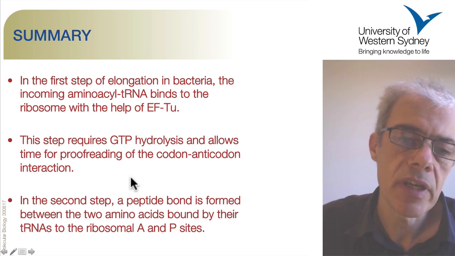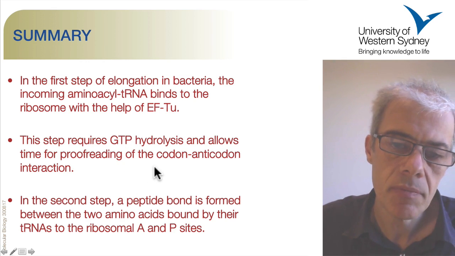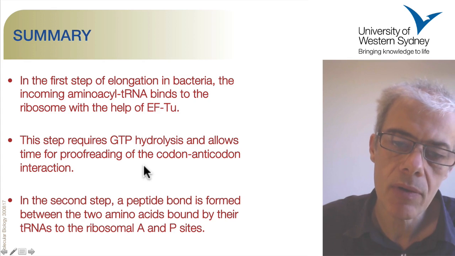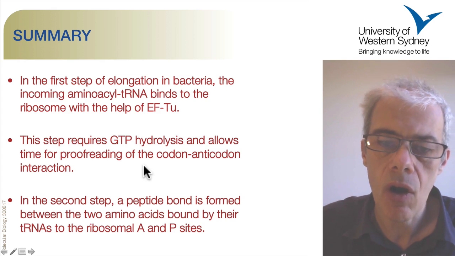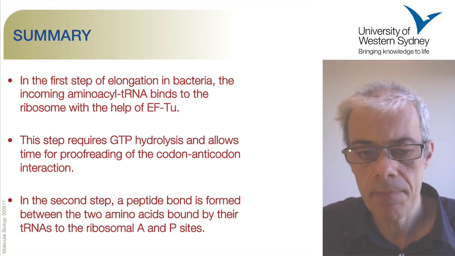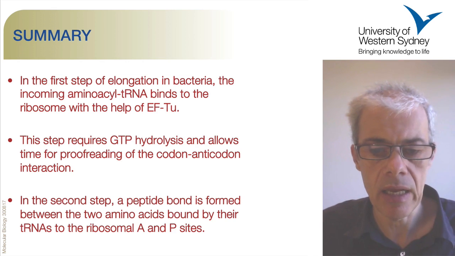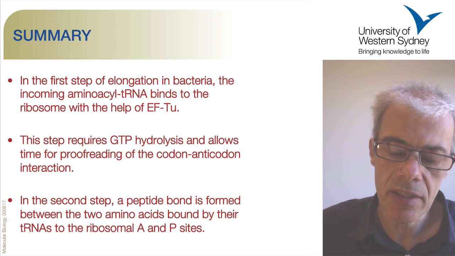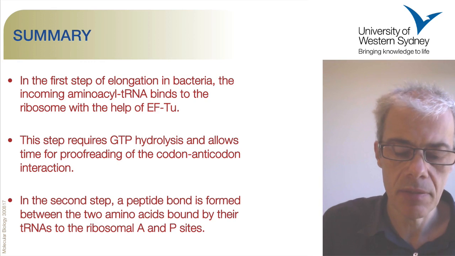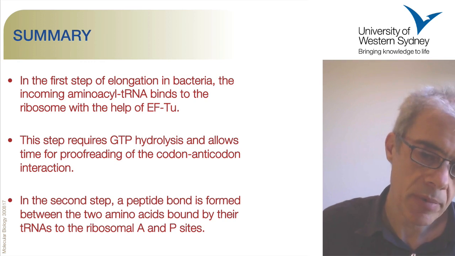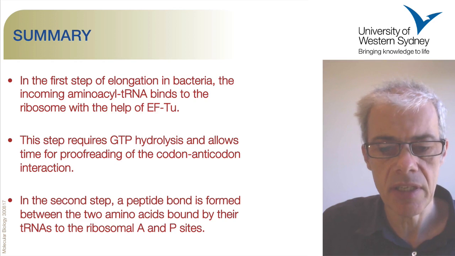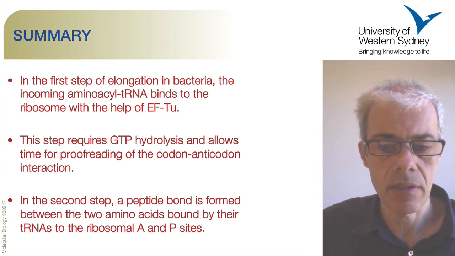This step involves the GTP hydrolysis, which pauses and allows the proofreading of the transfer RNA, and then we have peptide bond formation between the growing polypeptide and the amino acid in the A site.